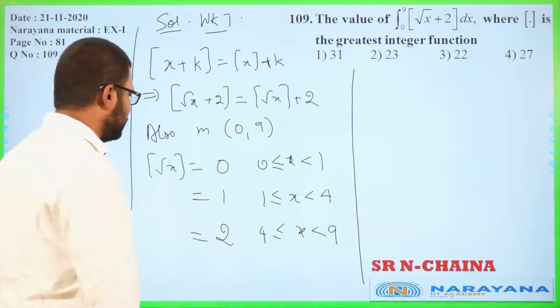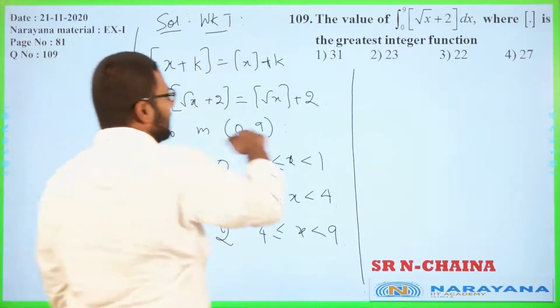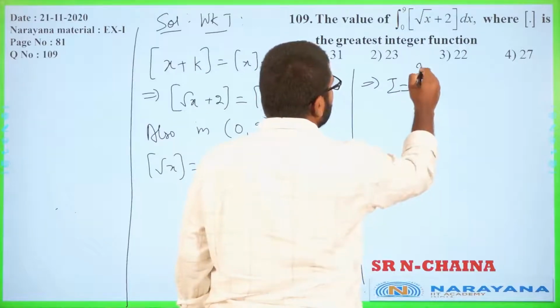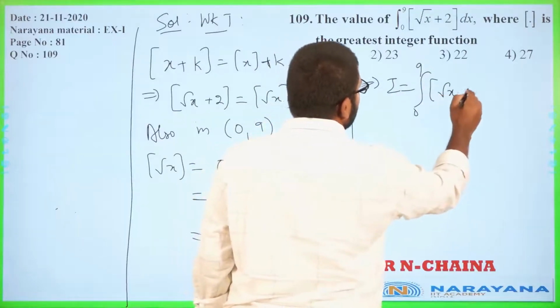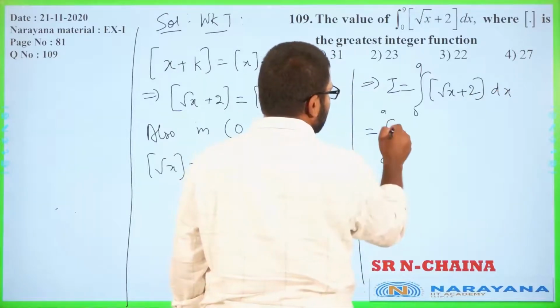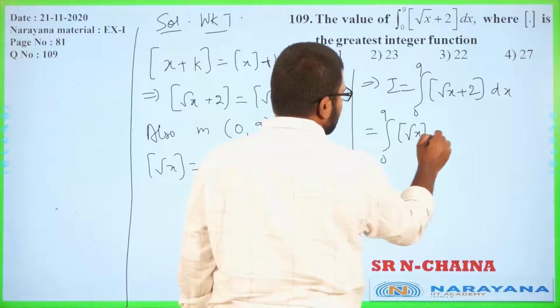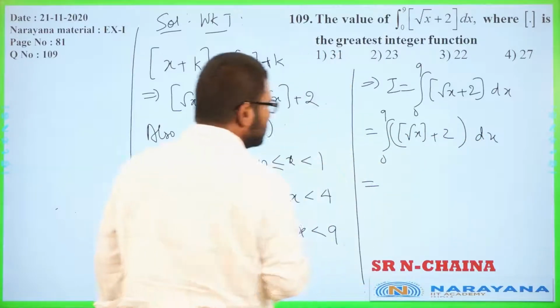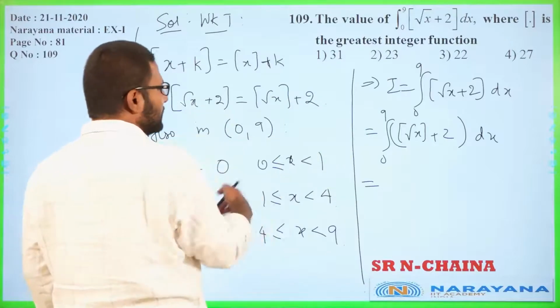Right? With that understanding, I is equal to integral 0 to 9 of step root x plus 2 dx. We said the 2 is outside the step, and step root x we have now split into 3 intervals.